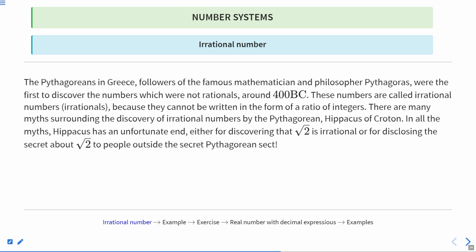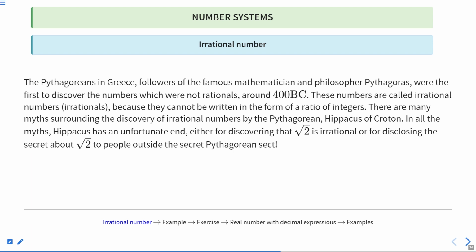The Pythagoreans in Greece, followers of the famous mathematician and philosopher Pythagoras, were the first to discover numbers which were not rationals, around 400 BC. These numbers are called irrational numbers because they cannot be written in the form of a ratio of integers.